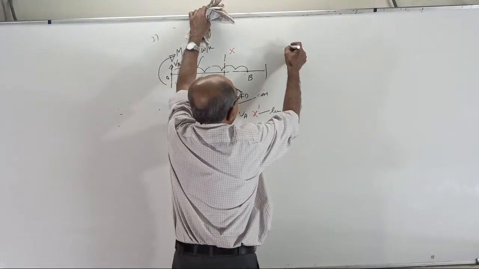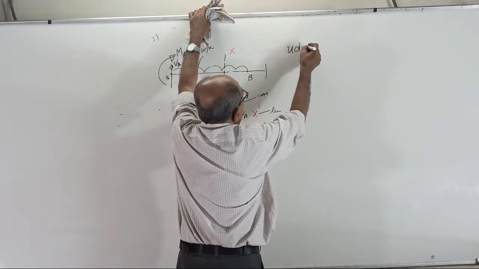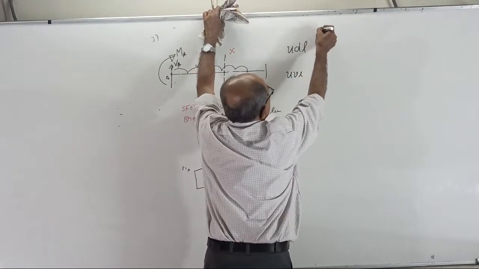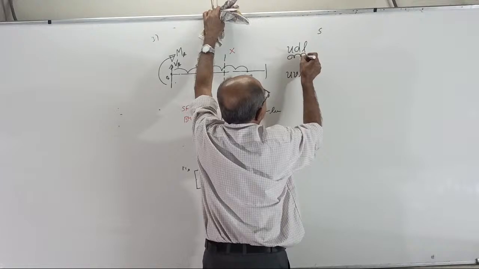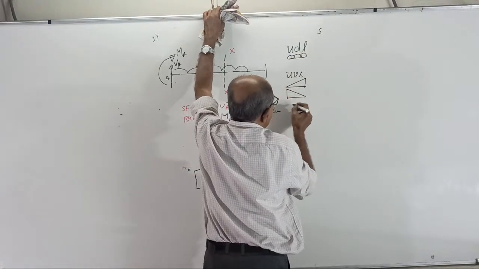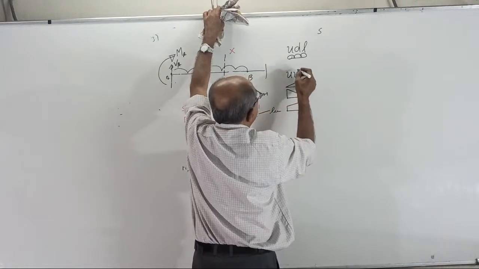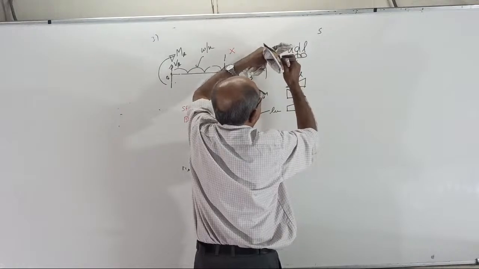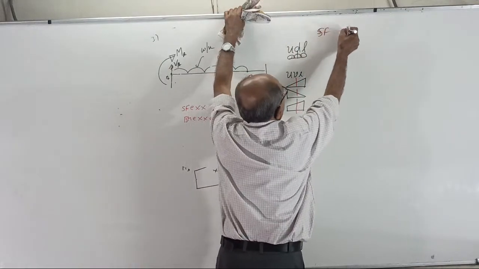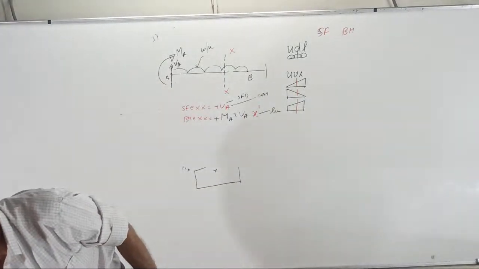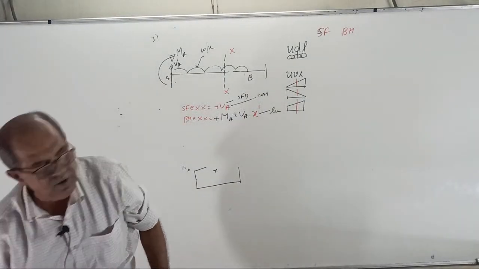UDL and UVL, only now I will tell you. For shear force, UDL means like this. UVL can be like this, or like this, or like this. Anyway, the section is in between. Then, for shear force and BM. Is the board visible? Oh, I moved it up. Board visible, I think. Okay.